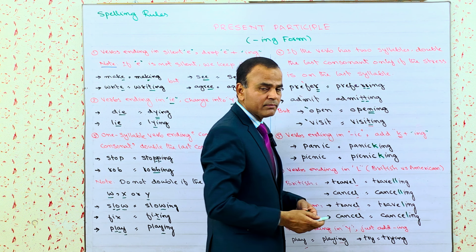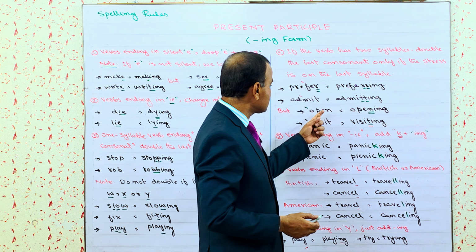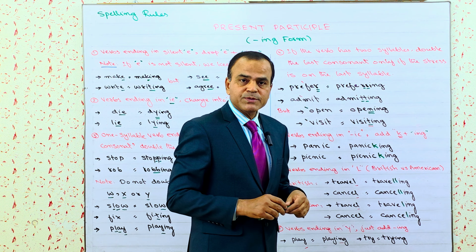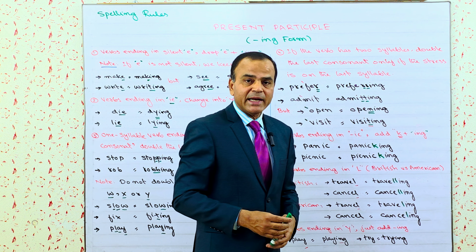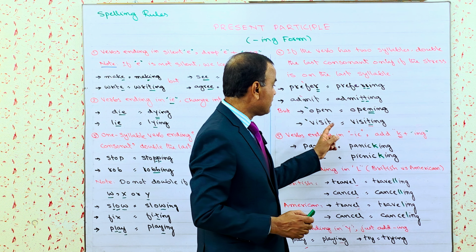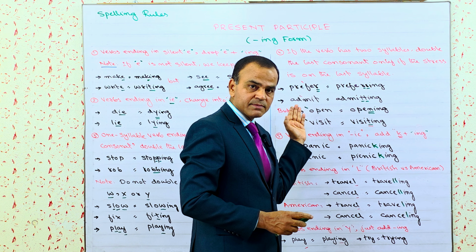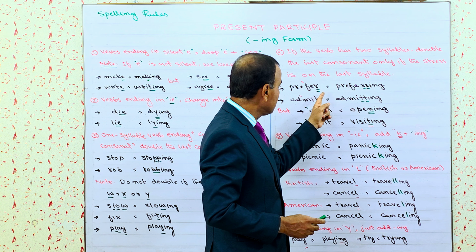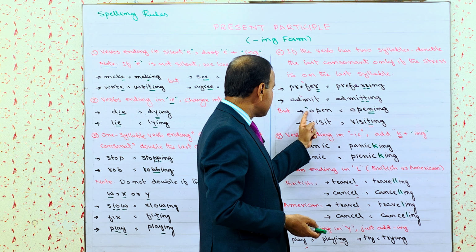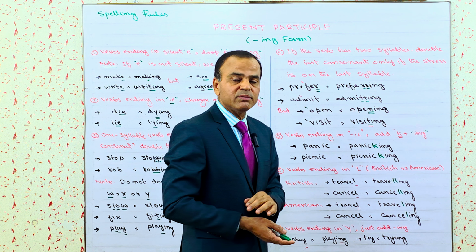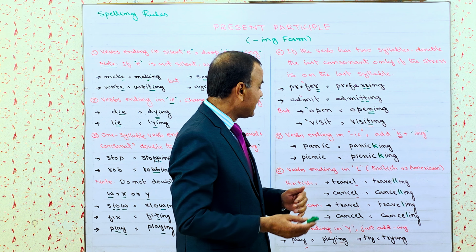If I'm doubling the last consonant in these two verbs where the stress is on the first syllable, that will be a spelling mistake. So take care of that. If the stress is on the second syllable, the last consonant will be doubled. If the stress is on the first syllable, the last consonant will be single while adding ing.